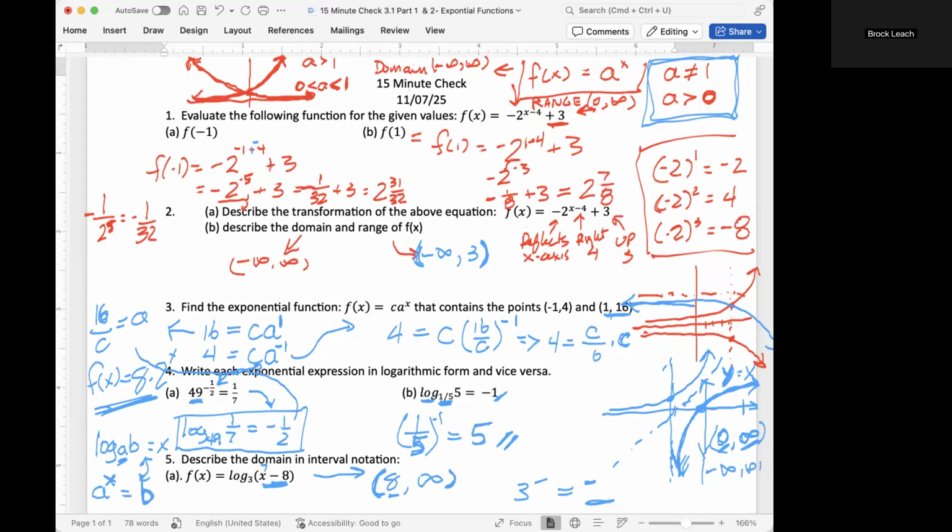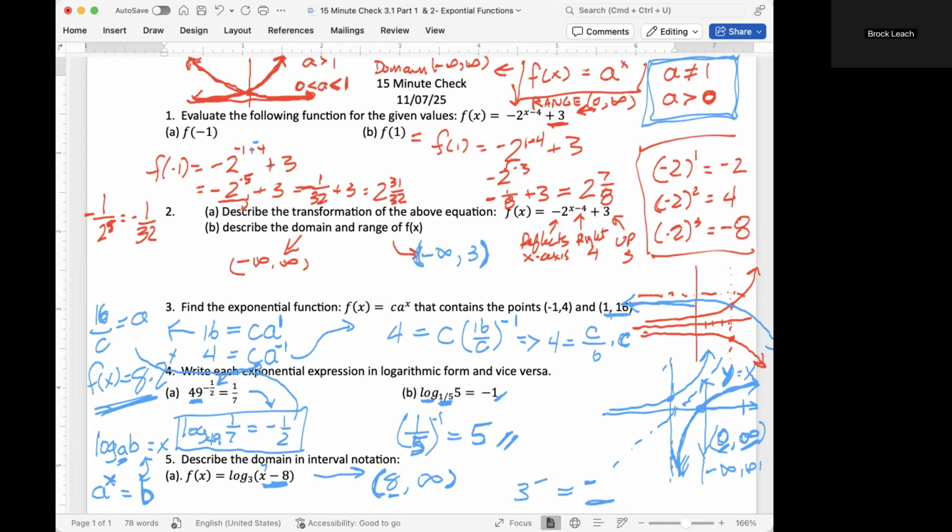And remember that when we go from exponential to logarithmic and we look at their domain and ranges, they're inverse equations. So whatever was in the domain of the exponential function goes to the range of the logarithmic function.